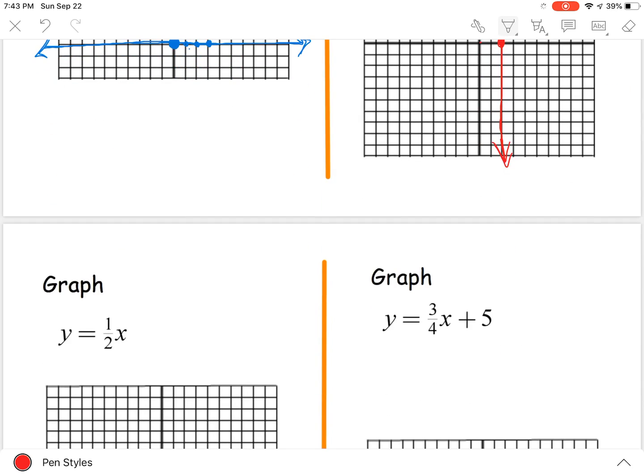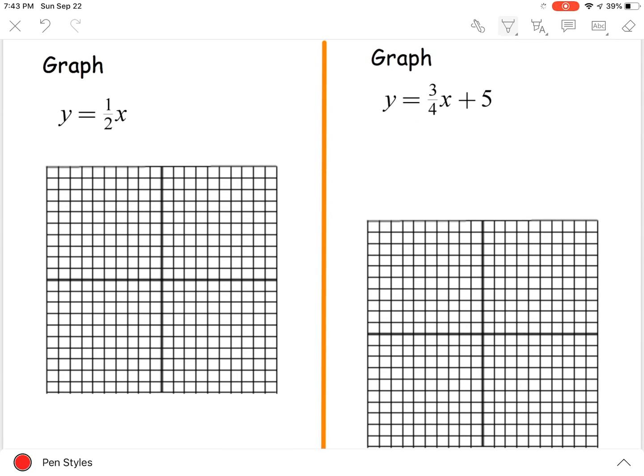All right. Got a couple more examples here. Now would be a good time to pause the video and see if you can graph these by yourself. Well, when y equals half x, notice how we really have this invisible plus 0. So our slope is 1/2, but our y-intercept is just 0, which means our graph is going to pass through the origin. So here's our 0, 0, and then our slope is 1 over 2.